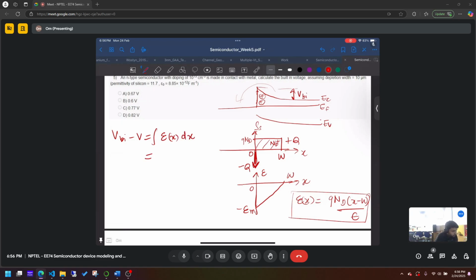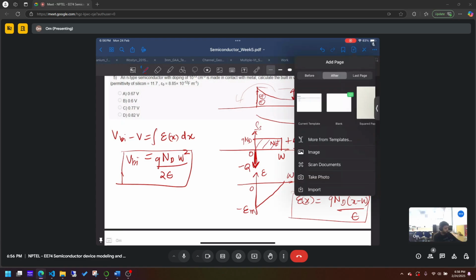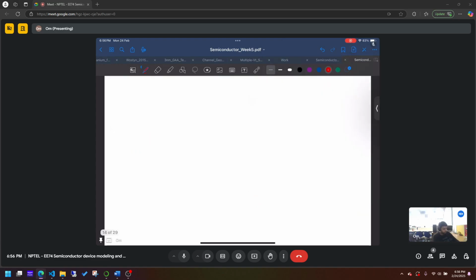We solve this, we get Q N D W square by 2 epsilon. At 0 voltage, VBI will be this. So we will use this relation to find VBI. VBI is Q N D W square upon 2 epsilon.